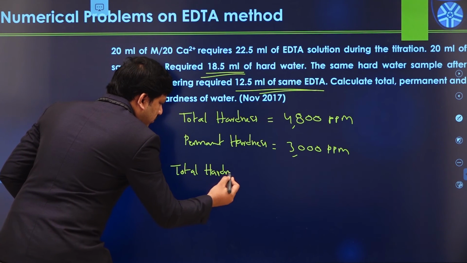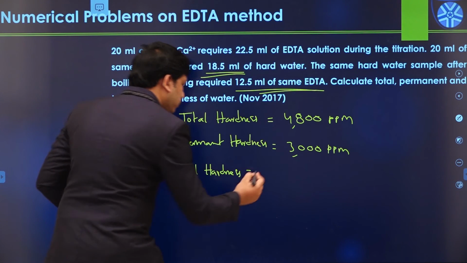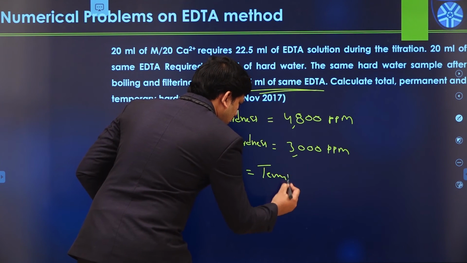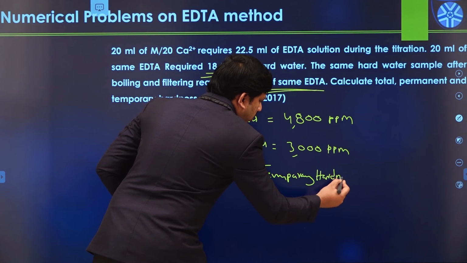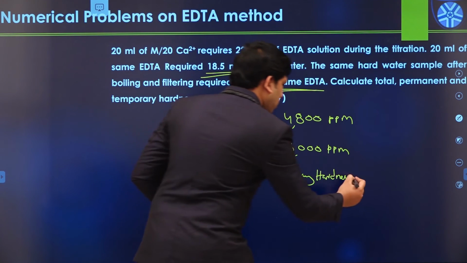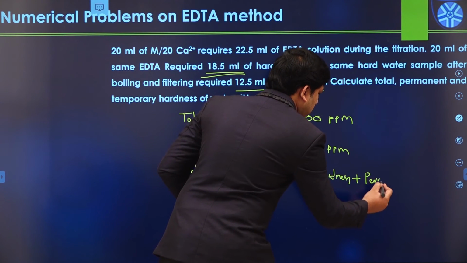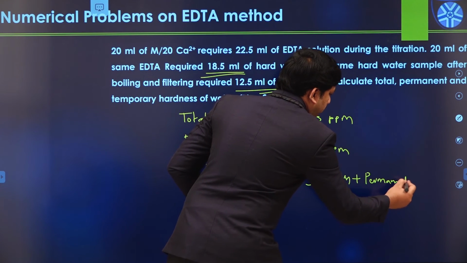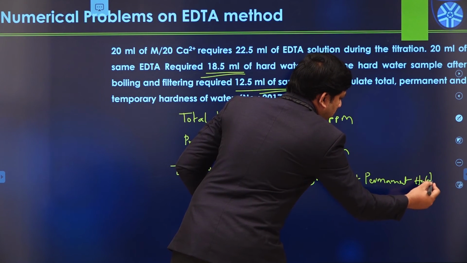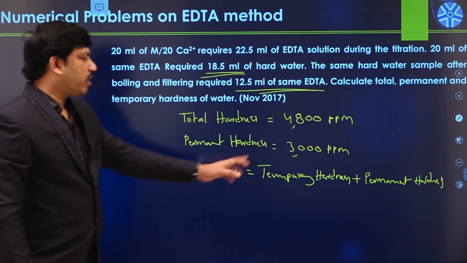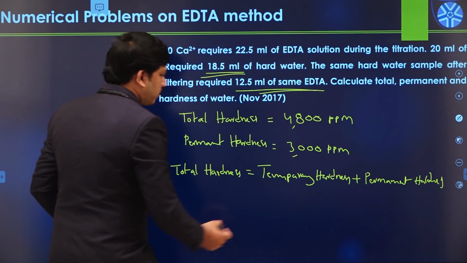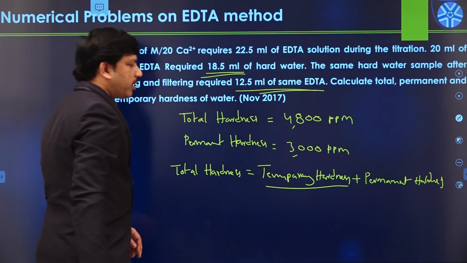Total hardness is equal to temporary hardness plus permanent hardness. So from this we have to calculate temporary hardness.